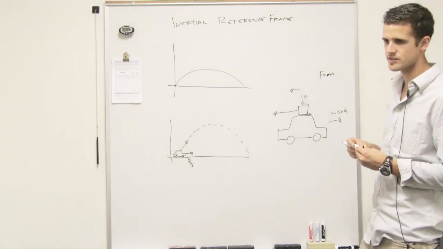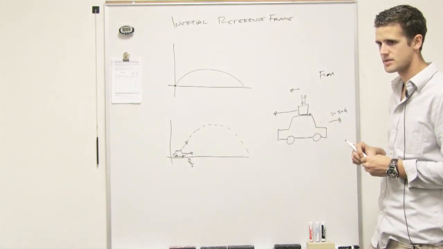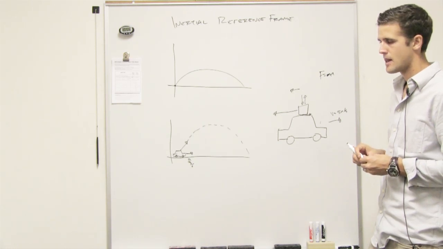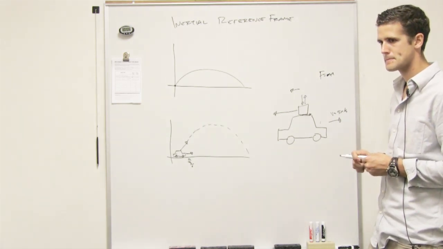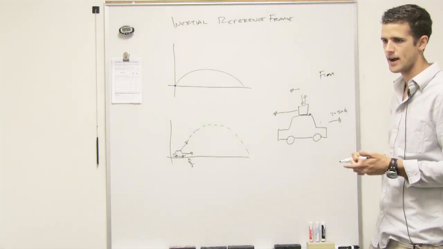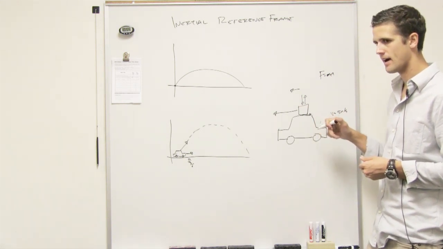As long as it's a constant velocity, then it can still be an inertial reference frame. So as long as the car is steady, that can be inertial. Pretty much, right? Yeah, then you can use it to compare against.